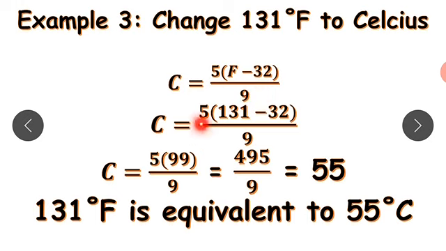Let's get the value for the Fahrenheit, which is 131 minus 32. So 131 minus 32 is 99. Then copy 5 divided by 9. So 495 divided by 9 is 55. So 131 Fahrenheit is equivalent to 55 degrees Celsius.